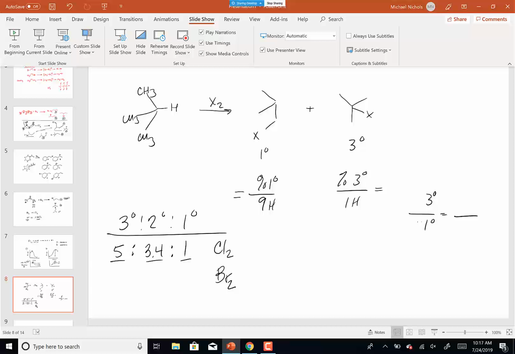So what we find is that in bromination, you form a tertiary radical 1,700 times faster than a primary, and you form a secondary 80 times faster than a primary. So these relative rates of forming the radicals are what we call the selectivities.